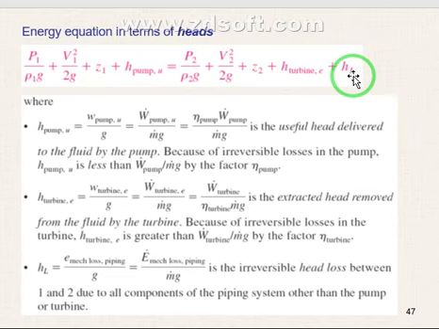So let's say that we don't have a pump, so 0. Let's say we don't have a turbine, 0, finish. Let's say we don't have HL, it's going to be 0, so we go back to the Bernoulli equation. But in general, we must have at least one of these three values, pump or turbine or HL, or all three of them. You need to understand the system.